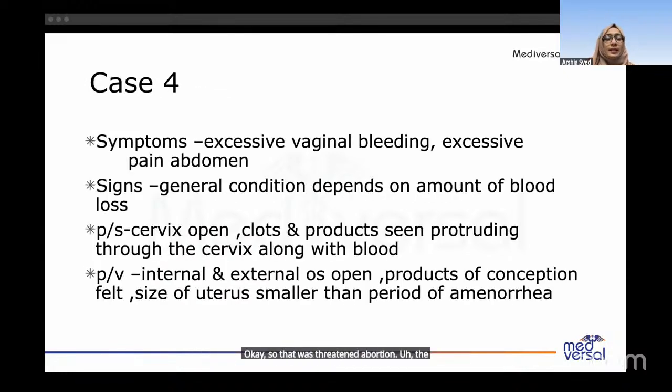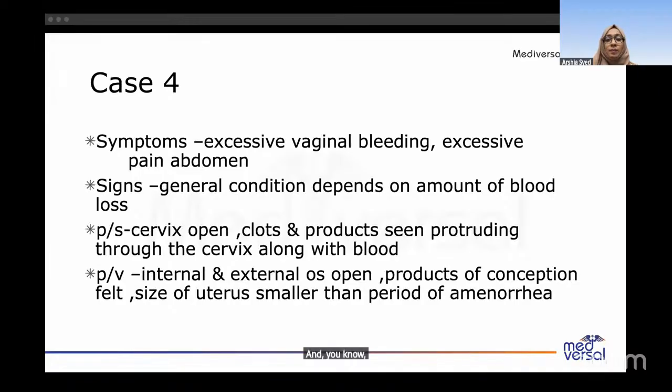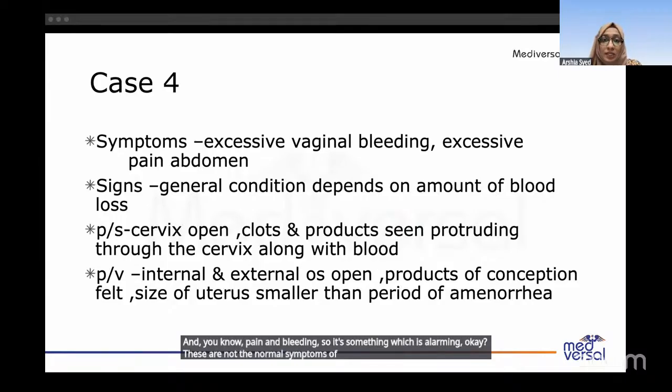The next case is the patient comes with symptoms of excessive vaginal bleeding and excessive abdominal pain. Now the terms excessive pain and bleeding are alarming. These are not the normal symptoms of pregnancy.